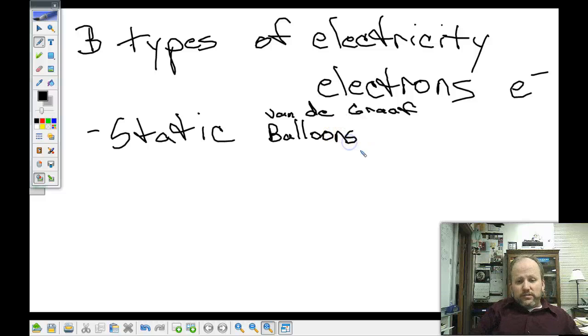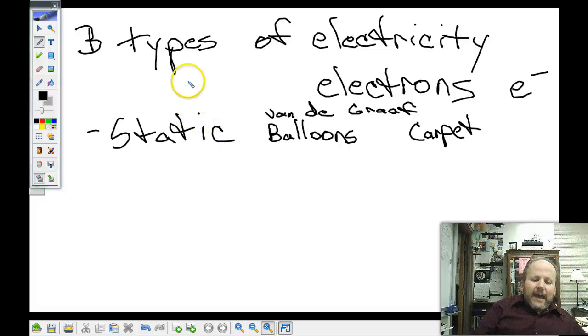And especially if you have a younger sibling, you know static electricity as dragging your feet across the carpet in the middle of winter and zapping a little brother or sister and giving them a good zap. That's static electricity. Static literally means, in a dictionary, still.